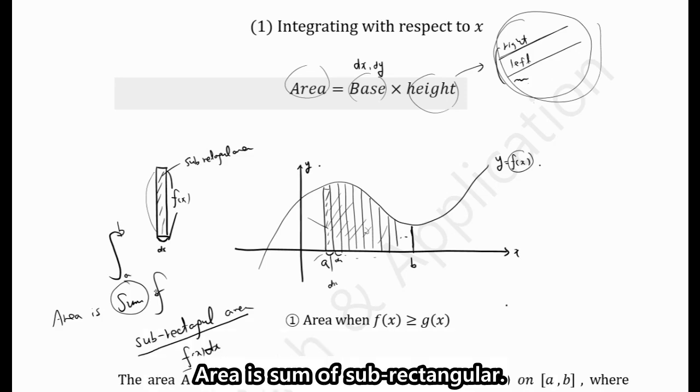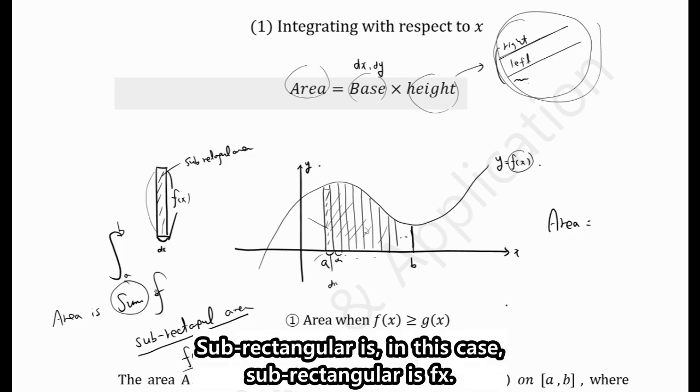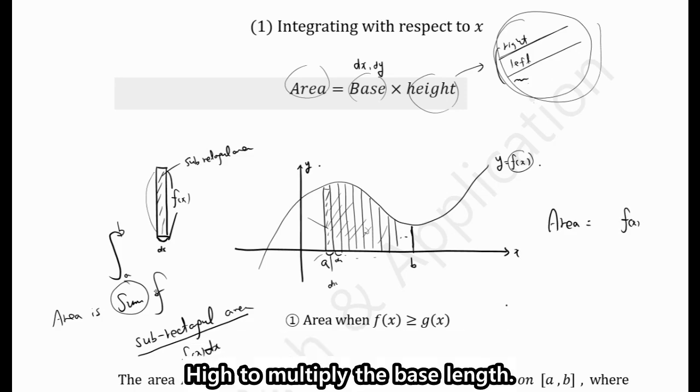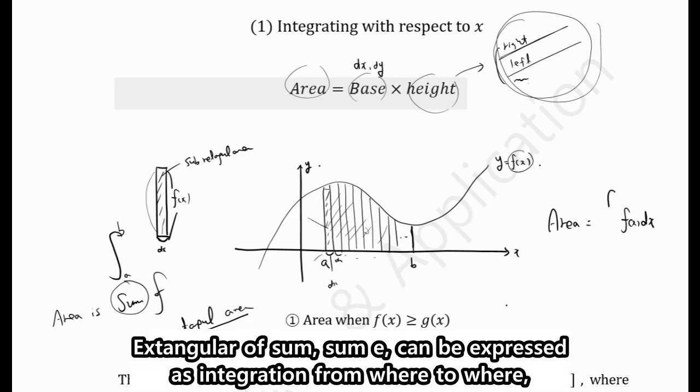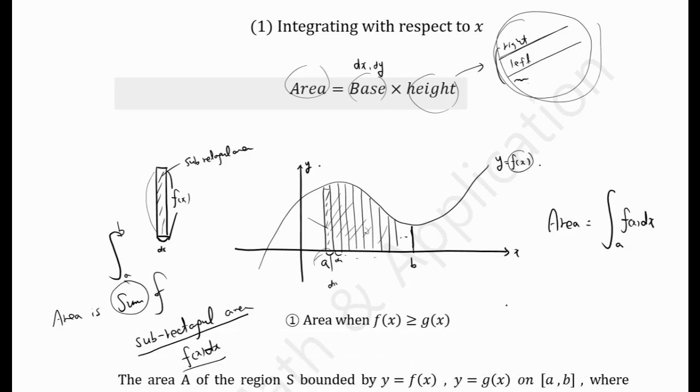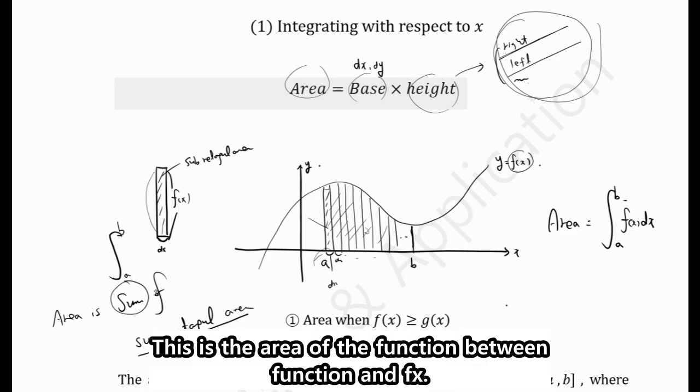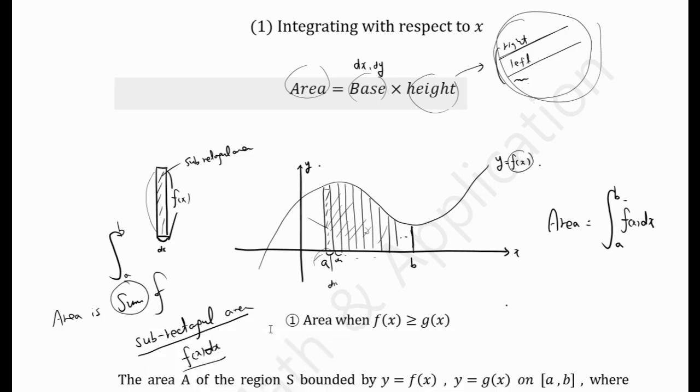The area is the sum of subrectangles. In this case, the subrectangle is f(x), the height, multiplied by the base length dx. The sum of rectangles can be expressed as an integration from a to b. This is the area between the function f(x) and the x-axis.